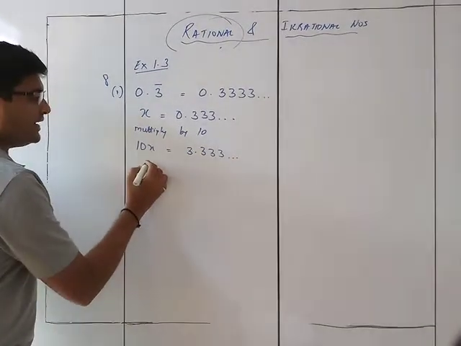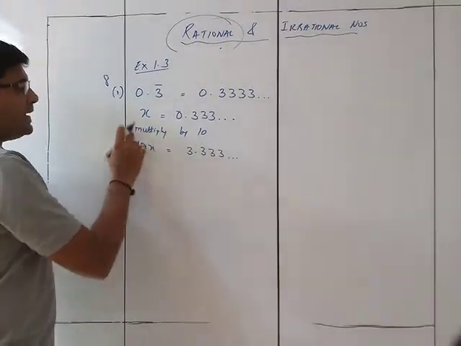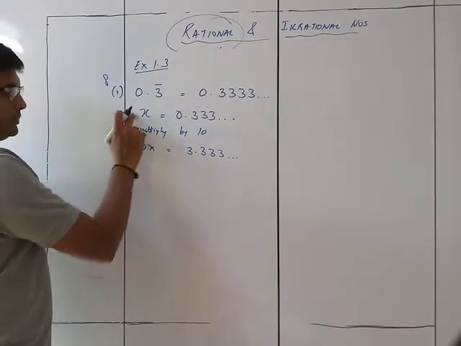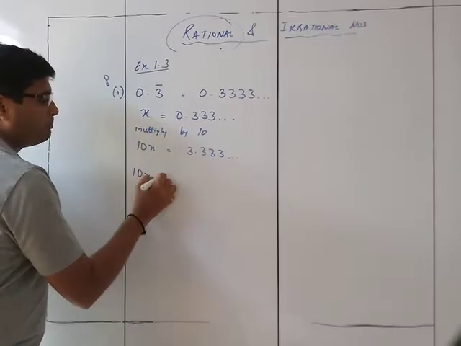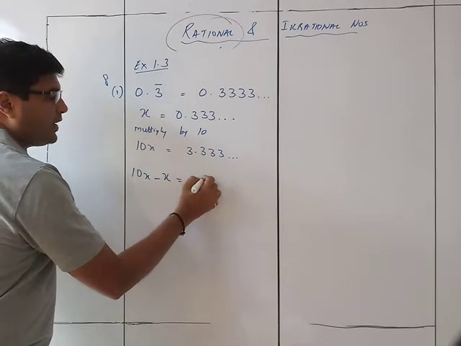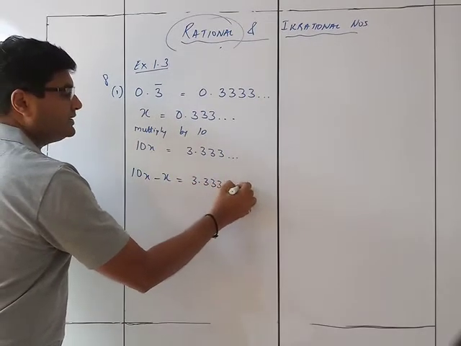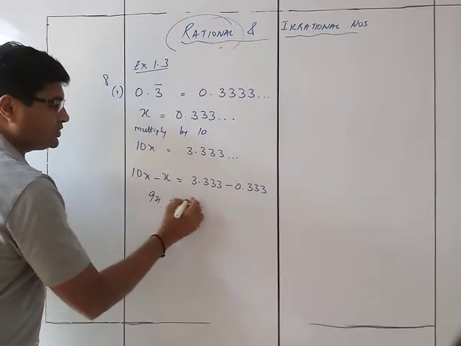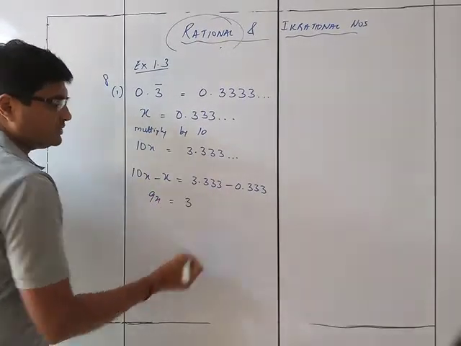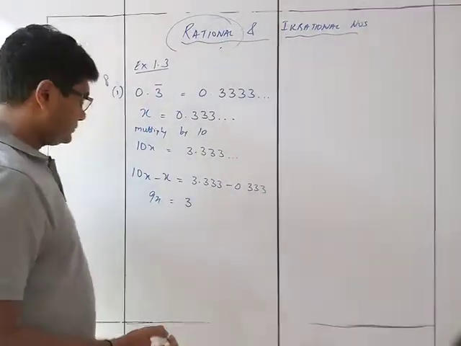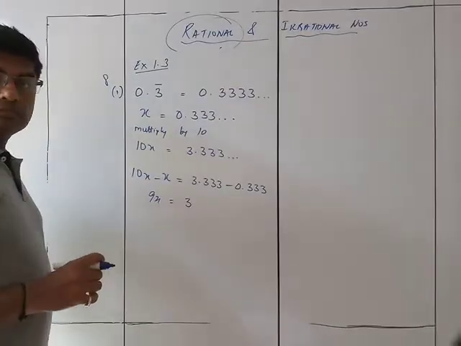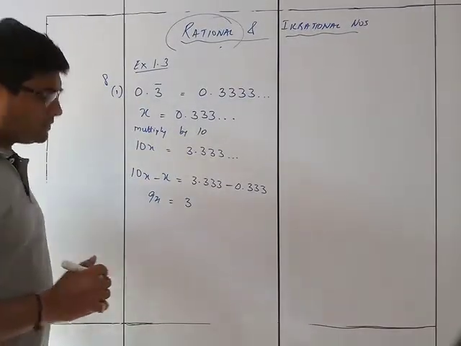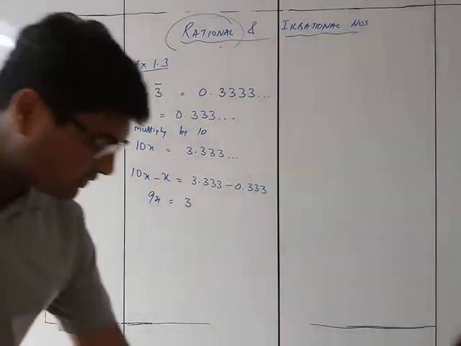So what will be the value of x? Here, if I subtract these two, 10x minus x is equal to 3.333 minus 0.333. So it will be 9x is equal to just 3.